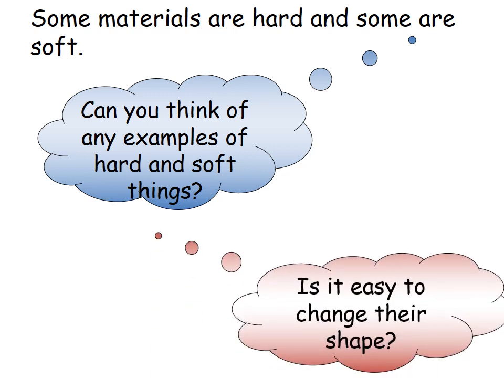Is it easy to change their shape? The hard things are difficult to change their shapes, but the soft things are easy to change their shapes, right? Is it true? Okay, can you give me your own explanation?